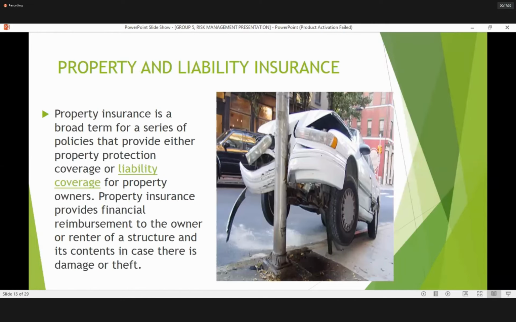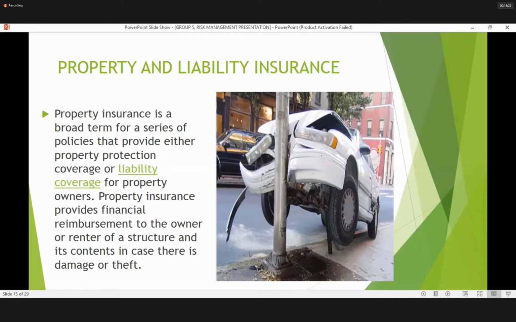And property and liability insurance. Property insurance is a broad term for a series of policies that provide either property protection coverage or liability coverage for property owners. So we have this car which has bumped into an electric pole and is destroyed now. So with this one, if the owner had insured the car, it's a property.